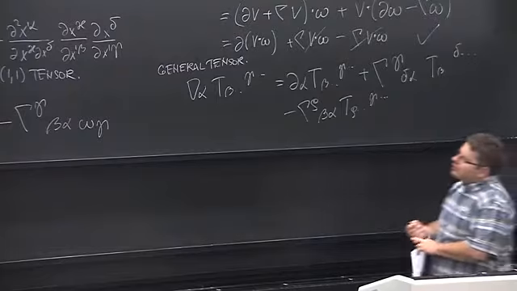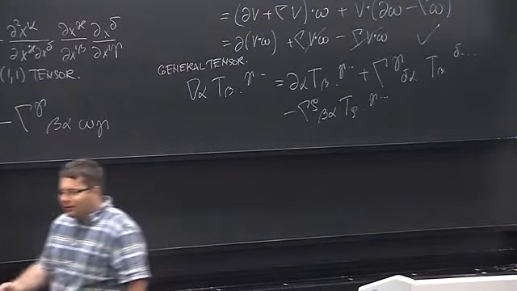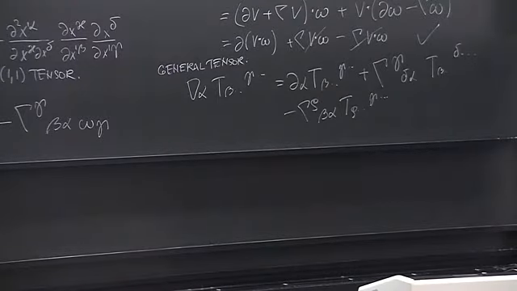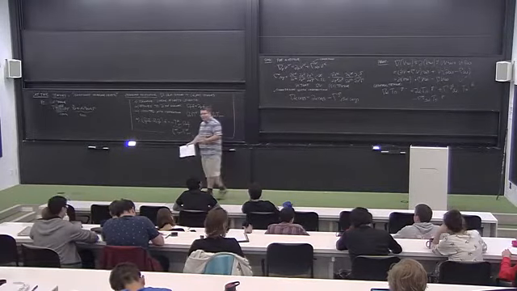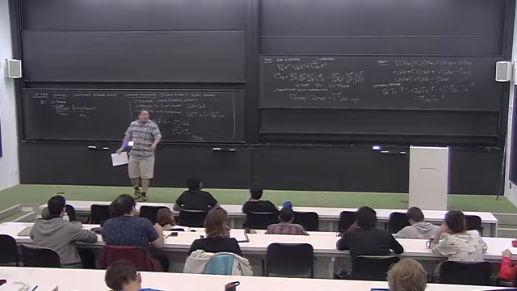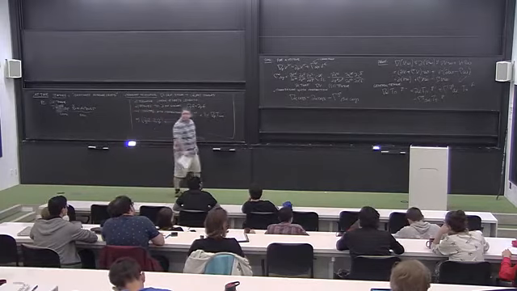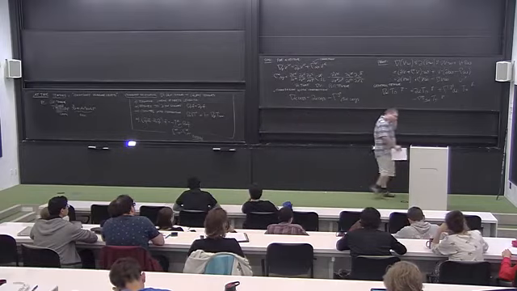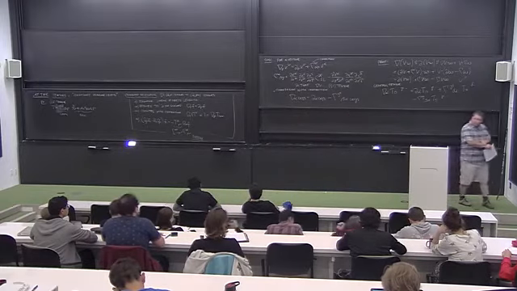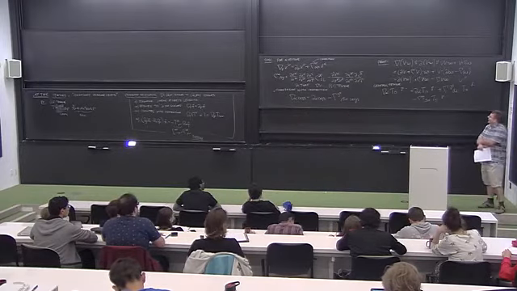And of course, once you know how to differentiate a vector, once you know how to differentiate a form, you just treat a tensor as a product of forms and vectors and use the Leibniz rule, and then you can derive this general formula here. So of course, this gives you a general prescription.